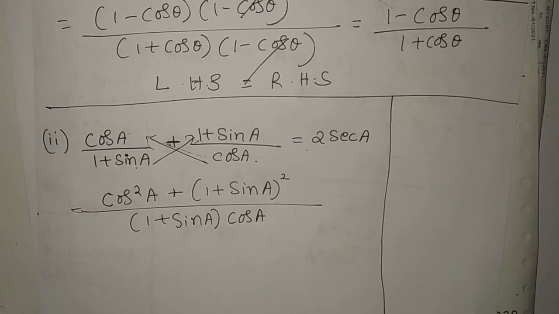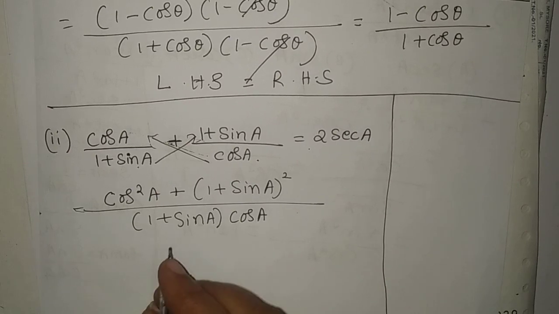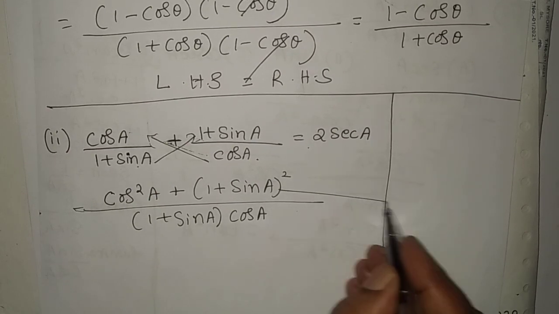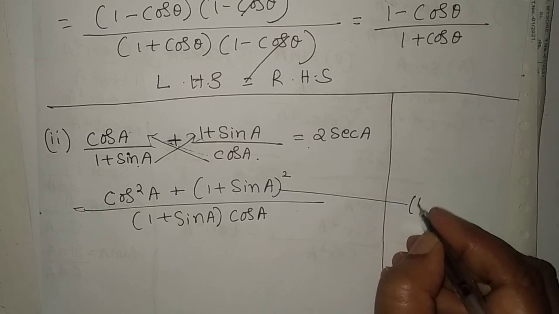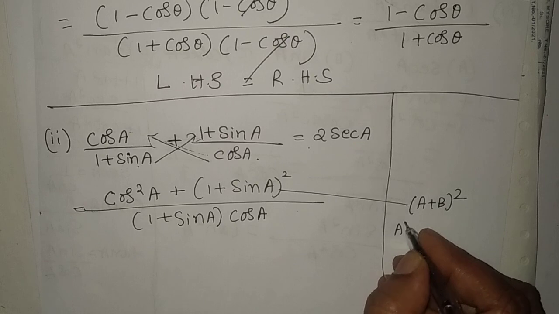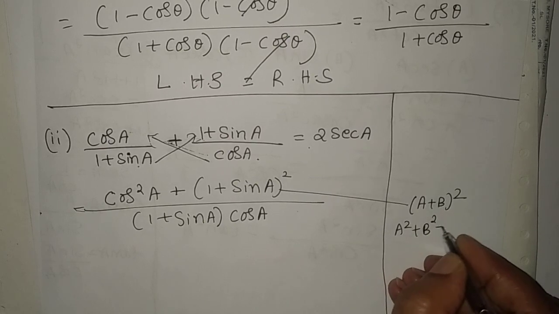After this cross multiplying, next step is to apply A plus B the whole square, where we can write A square plus B square plus 2AB.